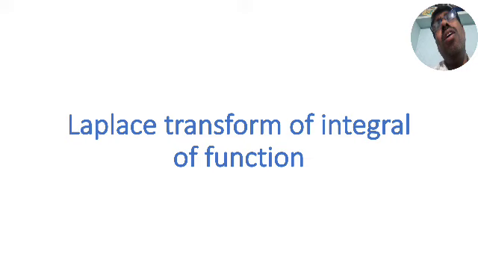So what we covered? We covered the definition of a Laplace transform. After that, the 8 standard formulas of Laplace transforms. Then we gave a linearity property, the problems on linearity property, first shifting theorem, problems on first shifting theorem, change of scale property, problems on change of scale property, second shifting theorem, problems on second shifting theorem, unit step function and its Laplace transforms.